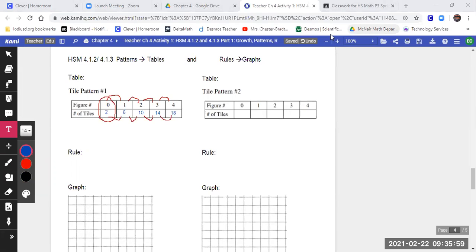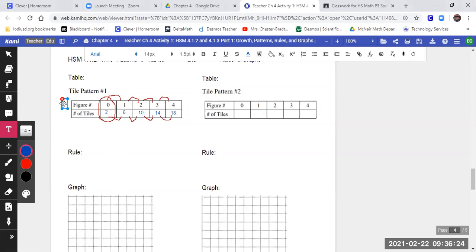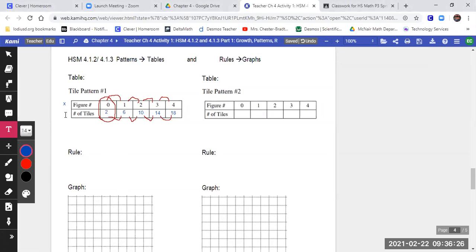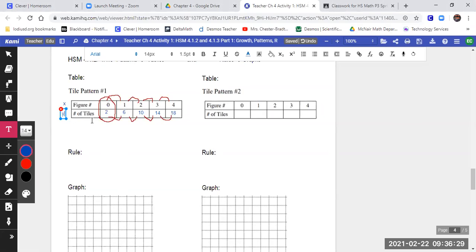Okay, so someone tell me, how much is the change in the x's each time? The x is the top level. Here's the x. Here's the y. What's going on each time for x's? What are we doing math-wise?